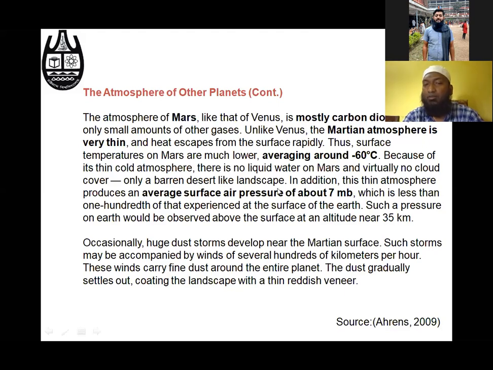On the ground, you may feel the kind of pressure that can also be found on our Earth if we go to an altitude of 35 kilometers above. So if you go to the top of the atmosphere, more than 35 kilometers in altitude, you will feel 7 millibar of pressure.